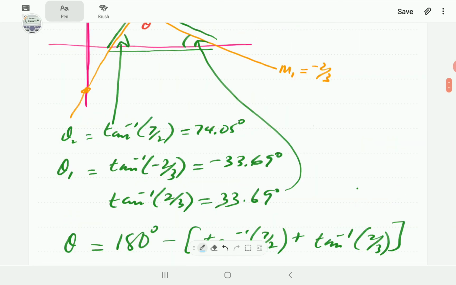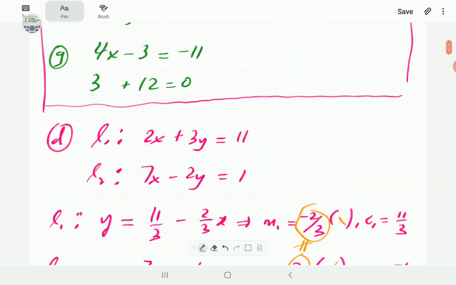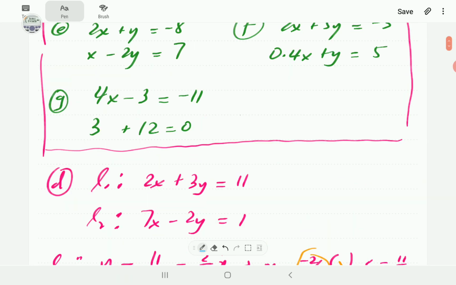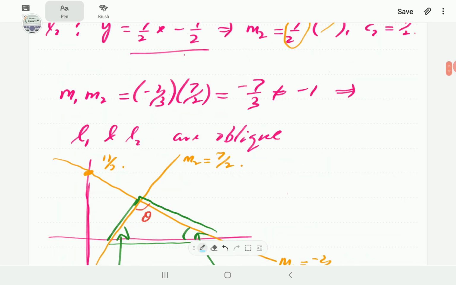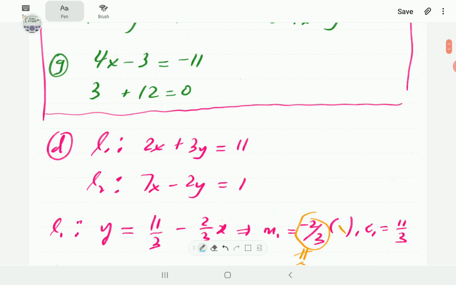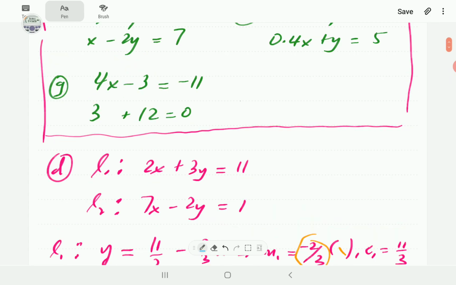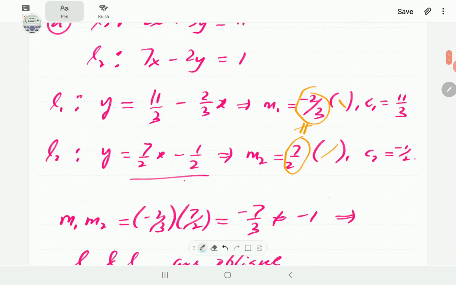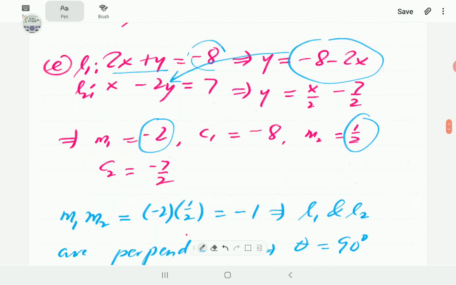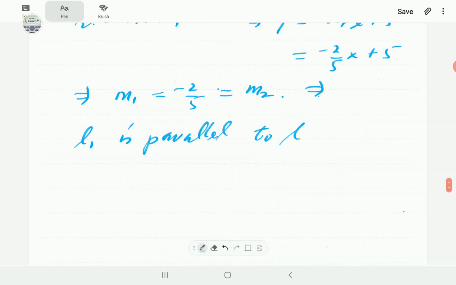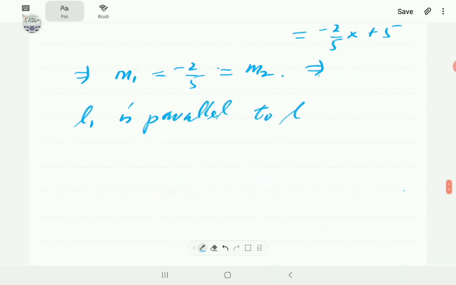Now let's go to G. In G, we've got 4x - 3 is -11, and the 3 is supposed to be 3y, but it's coming from part 1 where it was correctly written.